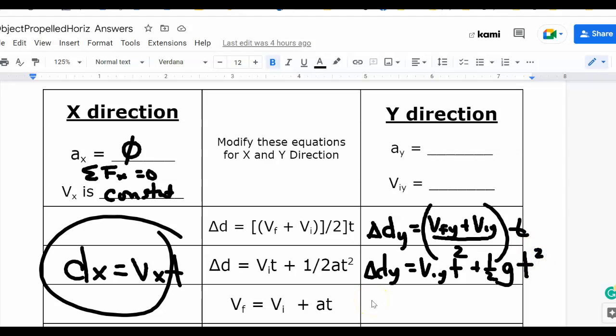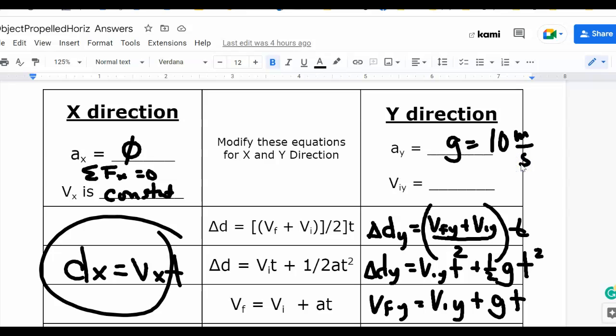The acceleration due to gravity on the Earth. vfy equals viy plus, again, g t. So I'm modifying the main equations to allow me to do x and y. This is g, which is 10 meters per second squared, either positive or negative depending on where it's going. Actually, because it's going down, we make it positive.